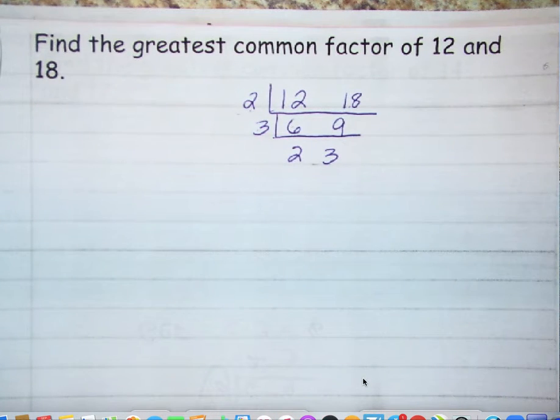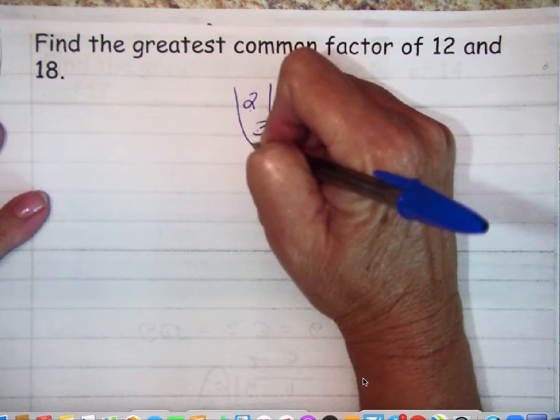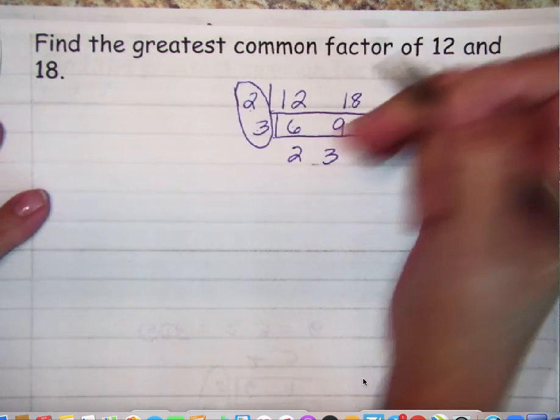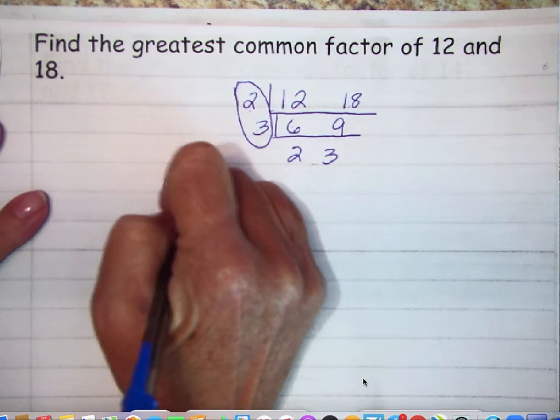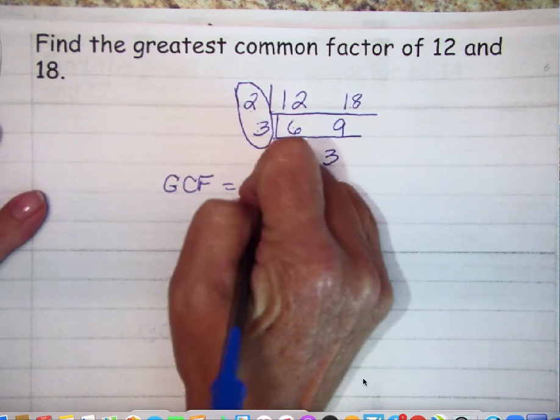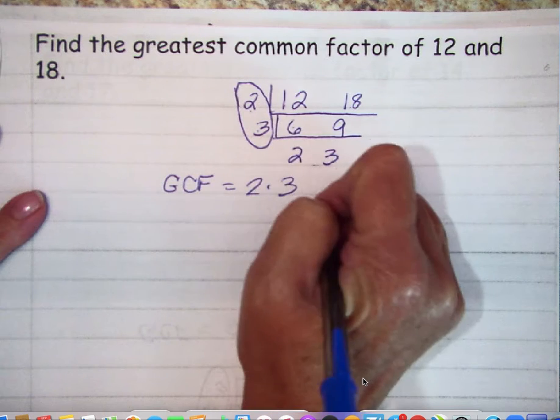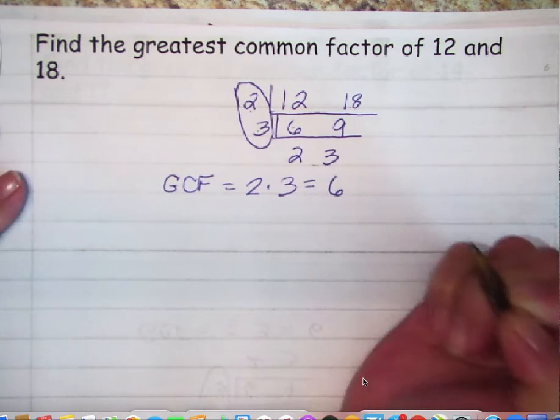Now, can I factor 2 and 3 anymore? In other words, is there anything that 2 and 3 are both divisible by? And the answer is no. So I am through factoring for now. So my greatest common factor is 2 times 3, which is 6.